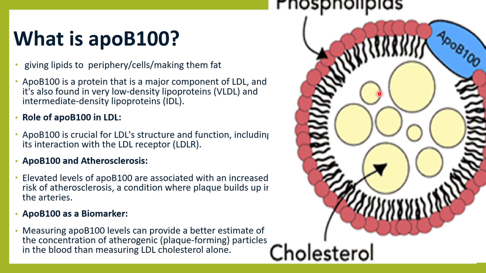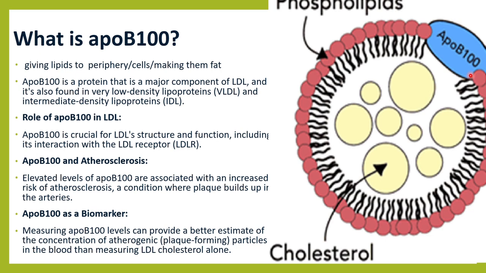Now there was something called ApoB100. Apo is apoprotein, and this is B100. So what is this ApoB100? This ApoB100 is a protein which is present on the lipoprotein LDL. You know that every lipoprotein, LDL, HDL, VLDL, has an apoprotein in it, which is the brain of the lipoprotein.